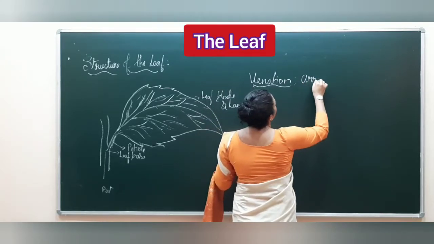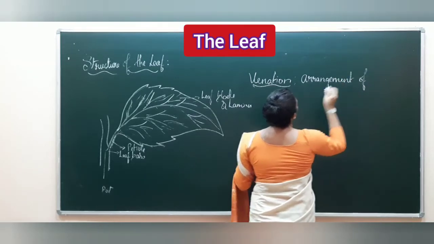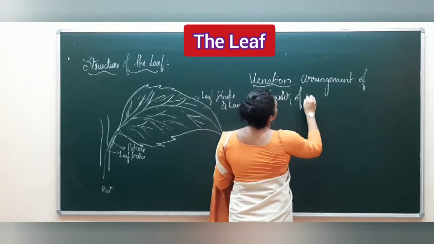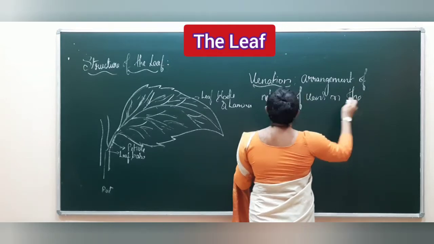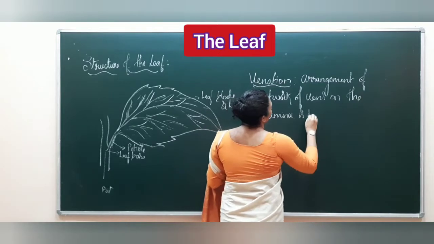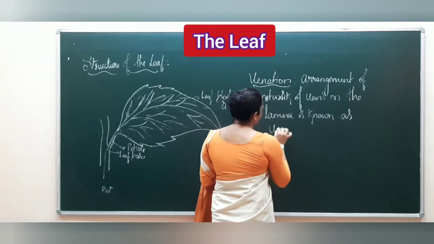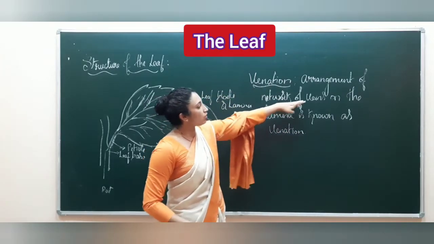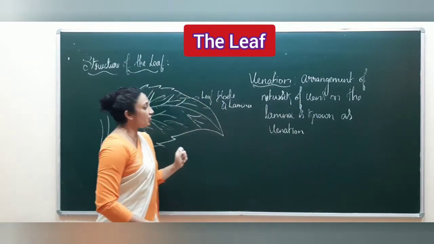The answer should be: arrangement of network of veins on the lamina or the leaf blade is known as venation.